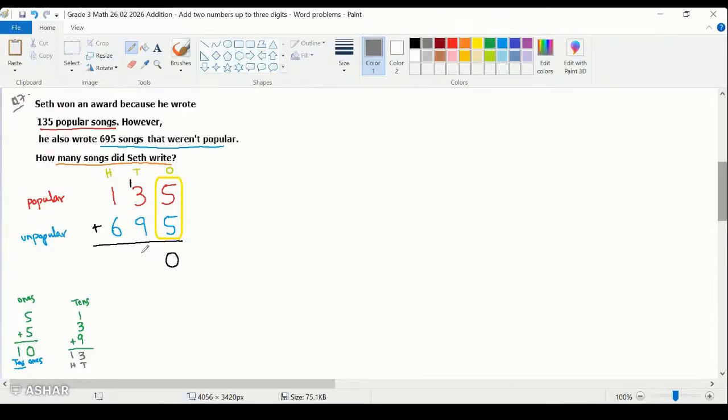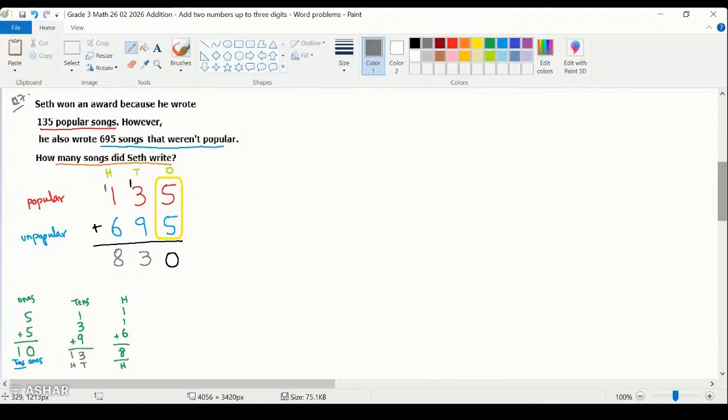Agreed? When we are looking at the hundreds, we have 1, 1 and 6. 1 plus 1 is 2 and 2 plus 6 is 8. We have 8 hundreds. Agreed?